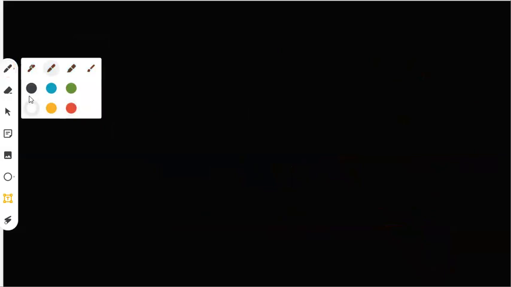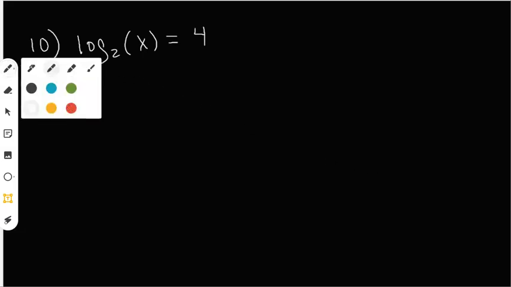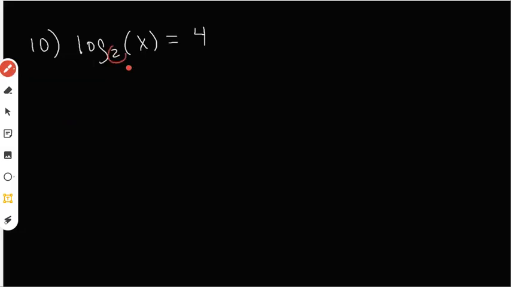So that's an exponential equation. I also wanted to try number 10, which is a logarithm. So for this one, the base is 2. So what I need to do is bring down the base first. When I bring the base down, the logarithm becomes the new exponent.